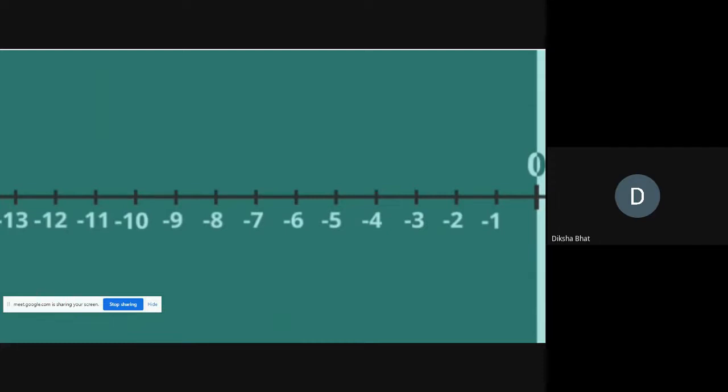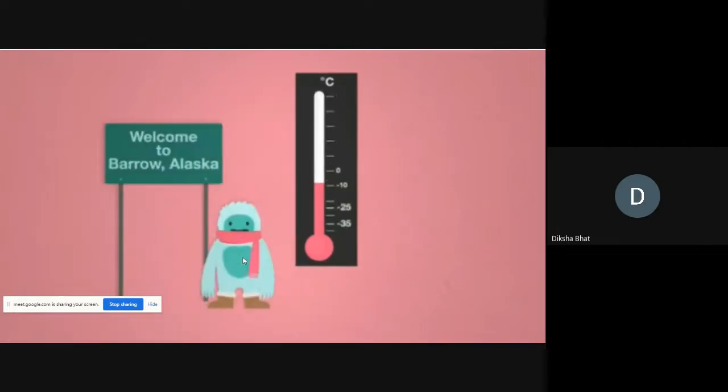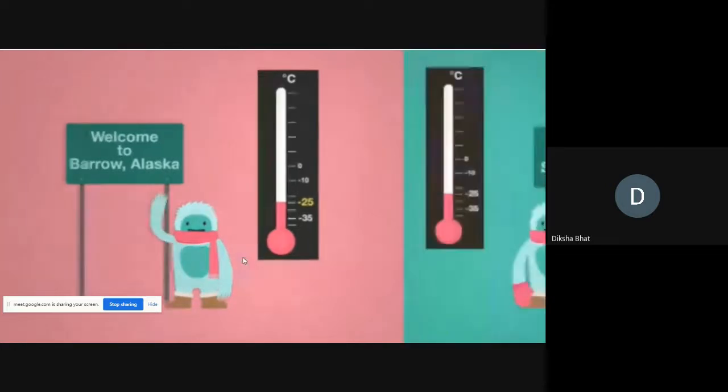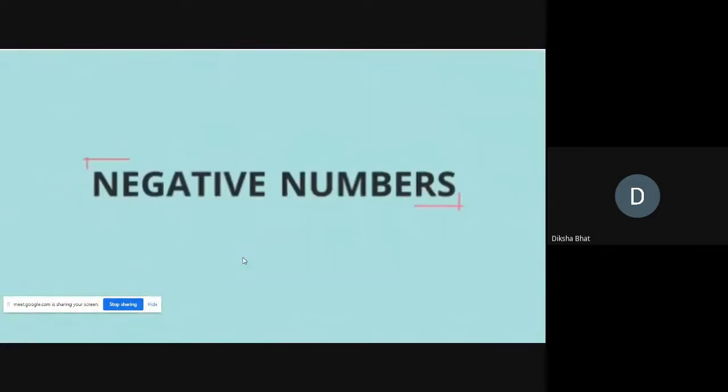For example, negative 10 is smaller than negative 5. This can be confusing, but think about it in terms of temperature. Suppose on a winter's day it's negative 25 degrees Celsius in Barrow, Alaska, and negative 35 degrees Celsius in Stanley, Idaho. Stanley would be colder than Barrow because negative 35 is lower than negative 25. Now you know the basics of negative numbers.